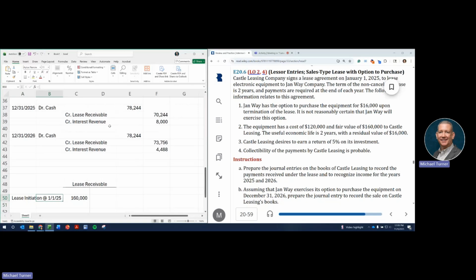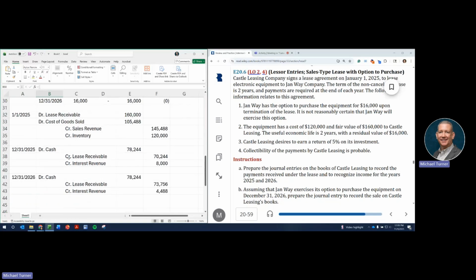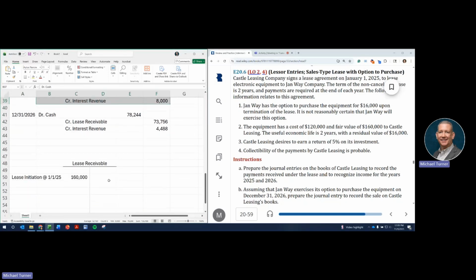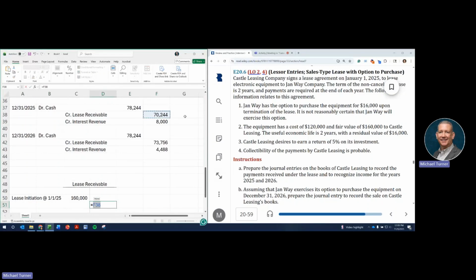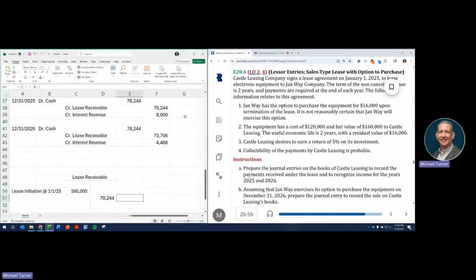And then during 2025, on December 31st, we have a credit to lease receivable of $70,244. So we record a credit. And this is related to the payment at December 31st, 2025.